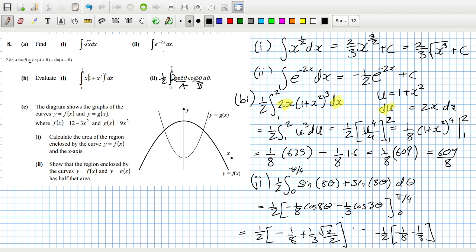Okay, and then minus 1/8 minus 1/3 times minus a half. So that's plus 11/48.